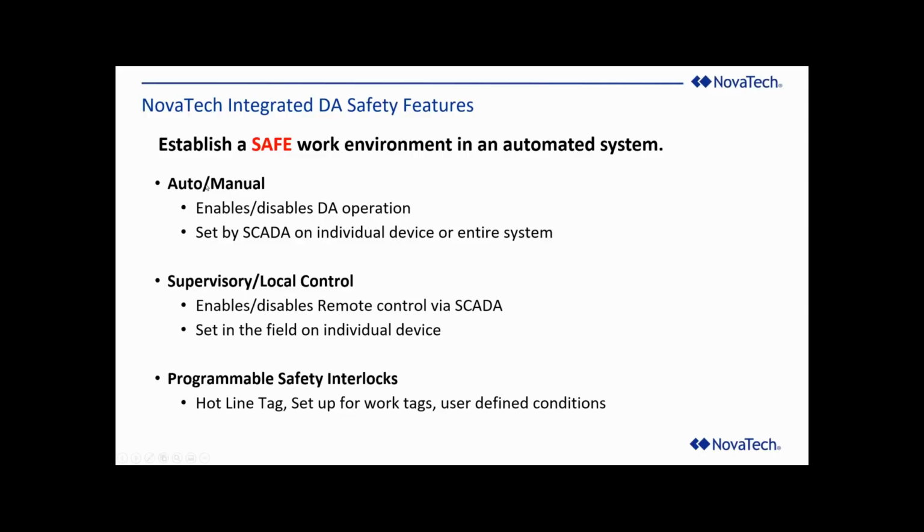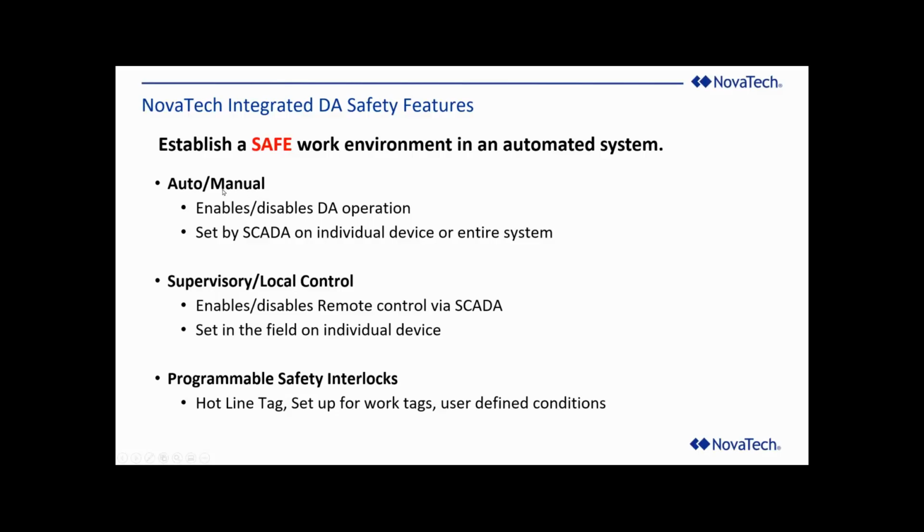You can use the same auto manual point for the entire system if you choose to, or you can have individual auto manual points for each individual device. And that will operate pretty much the same way as the local remote does.